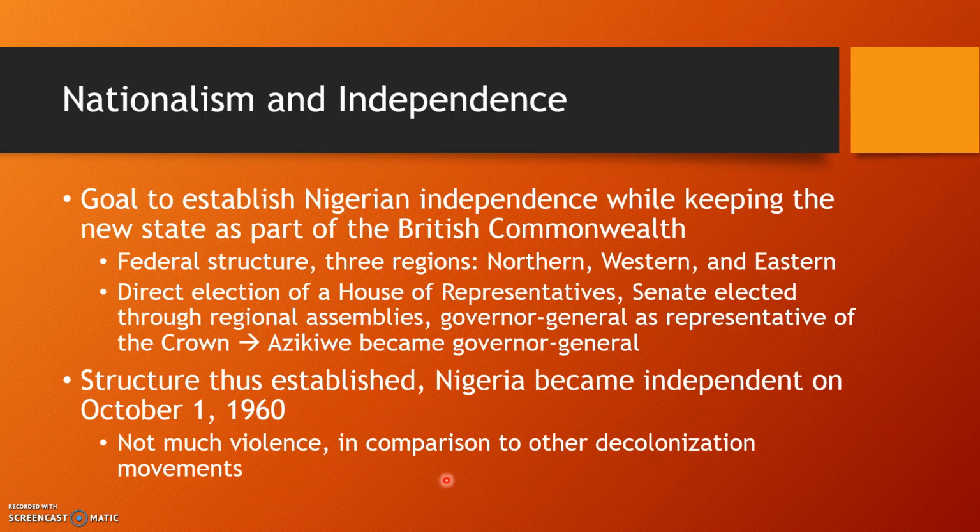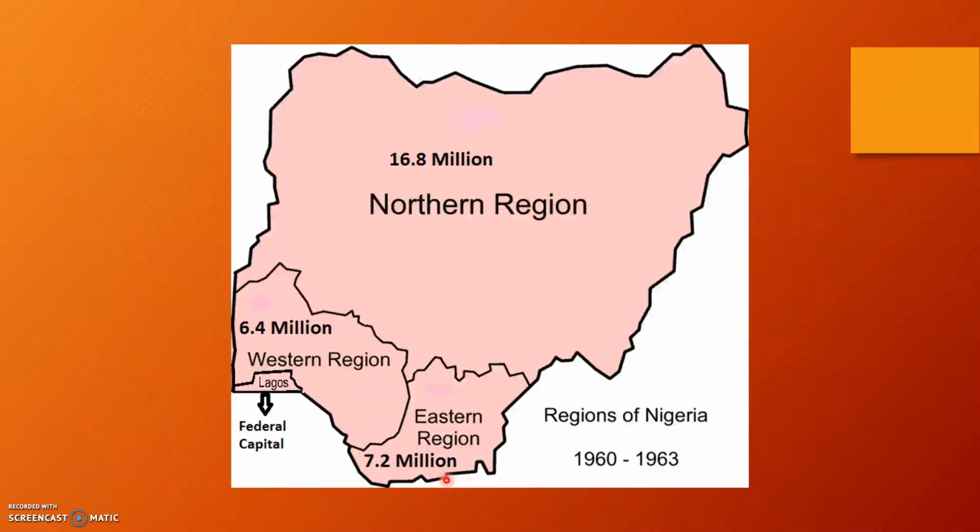India is held up as this model of peaceful transition, but the fact of the matter is it's terribly violent when you talk about the migrations of people from northern India into Pakistan and Pakistan into northern India. Nigeria is way less contentious than any of that. So it really was a fairly peaceable transition.